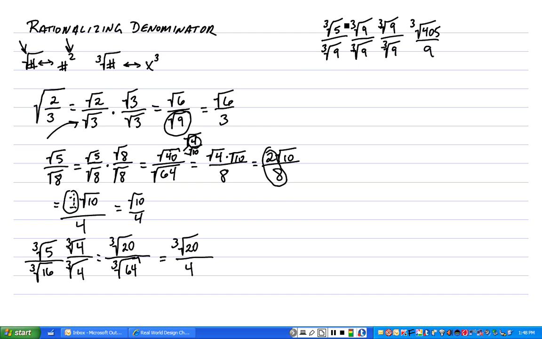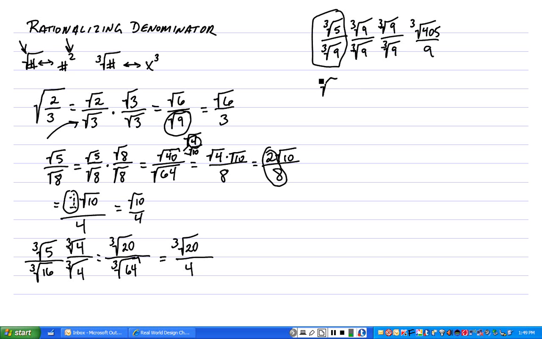But another way to deal with the same problem is to just say, okay, what can I multiply this 9 by, if I can, to get to another perfect cube, one of the numbers that's on my perfect cube list. And I know 9 goes into 27, and 27 is on my perfect cube list.